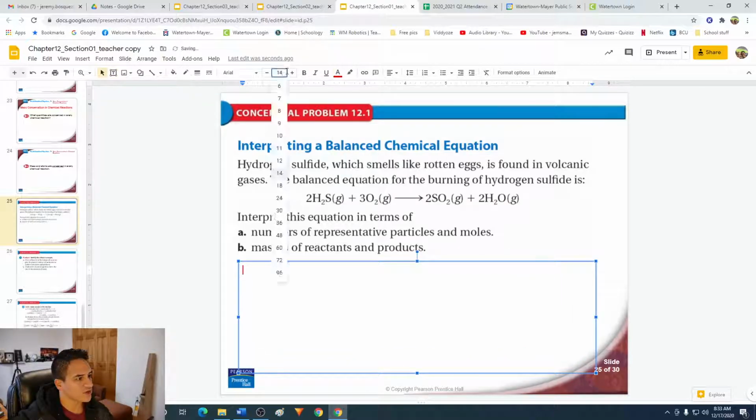Let's change our color to red and our font size to 18. Okay, so for letter A, if we interpret this in terms of representative particles, H2S. Actually, let's write the equation first here.